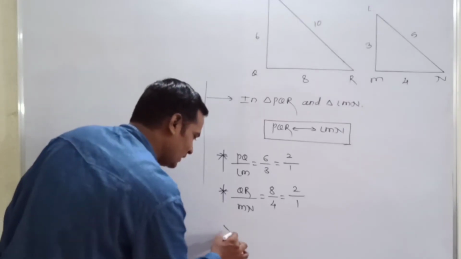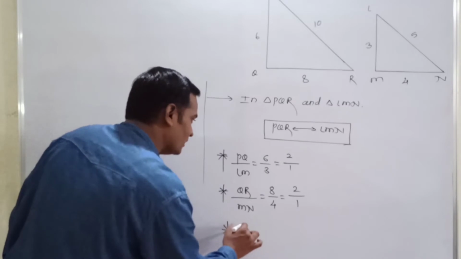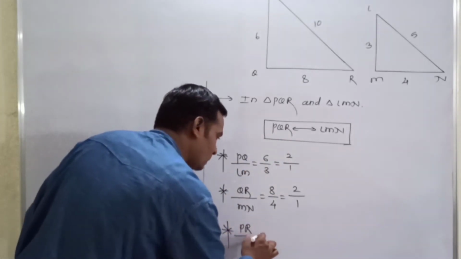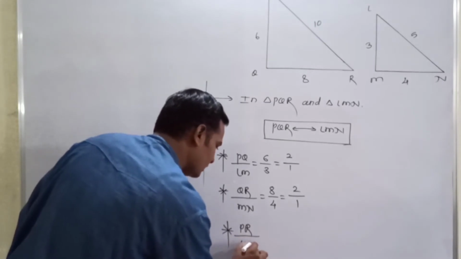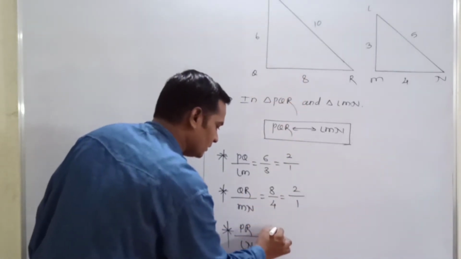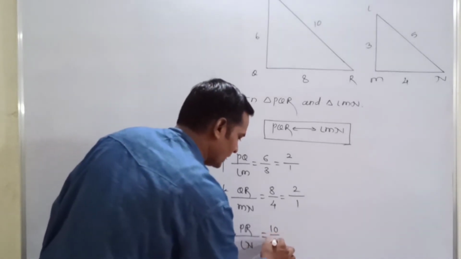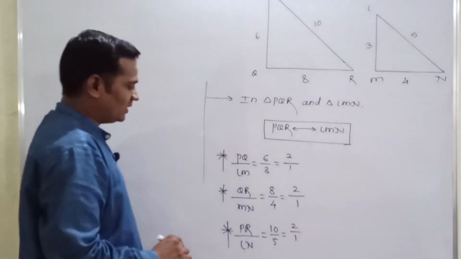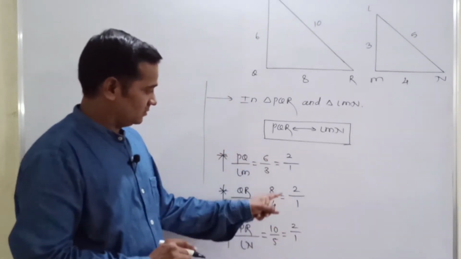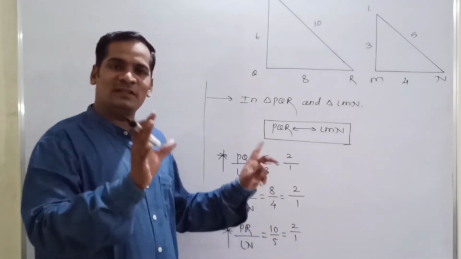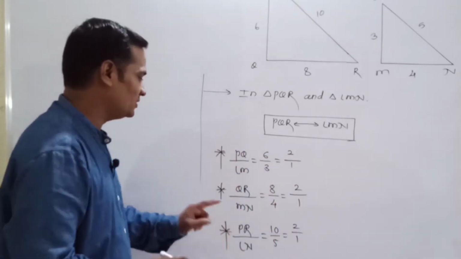Now the third ratio, and the third side is PR upon LN, and those sides are 10 upon 5. Again 5 ones are 5, 5 twos are 10. So look at these three ratios. 2 upon 1, again 2 upon 1, 2 upon 1. That means all three sides are in proportion.